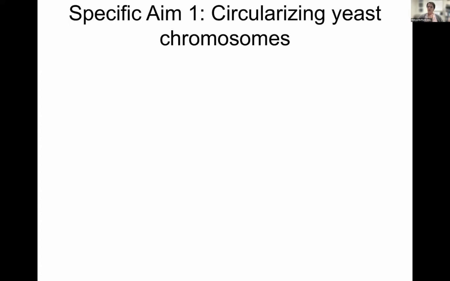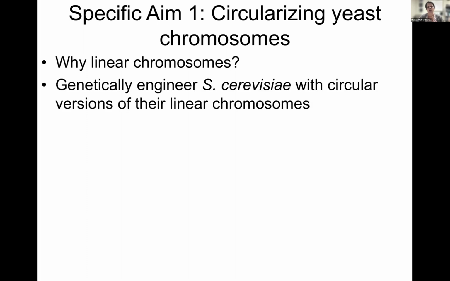So again, our first project in the lab is aiming to circularize these linear yeast chromosomes, which is going to delete the telomeres and allow us to ask whether the telomeres are doing anything important. And it's again, getting at this big, broad question of why did linear chromosomes evolve if it creates this significant end replication problem.